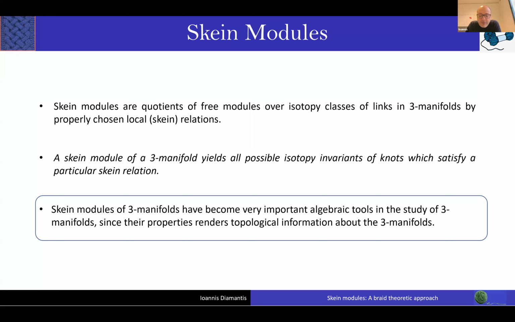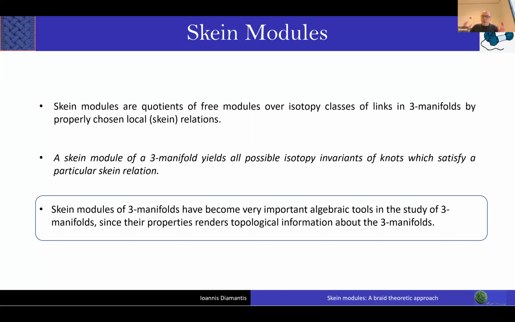They have become extremely important because, first of all, they unify polynomial invariants such as the Jones, HOMFLYPT, even the Alexander. And of course, they encode topological properties of the three manifolds and their fundamental groups. For example, non-separating spheres can be detected by torsion in Skein modules, as we will see. They also arise naturally in quantum topology and mathematical physics in general.